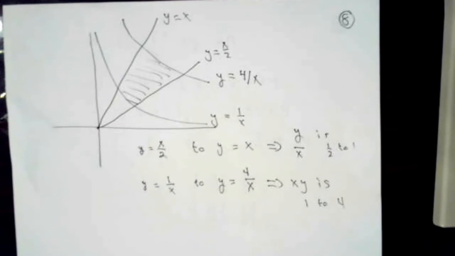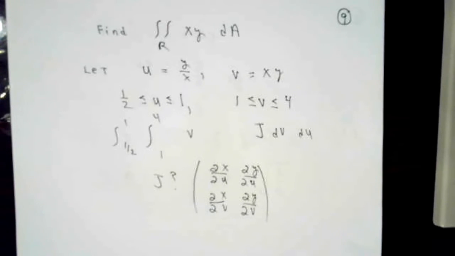I'm going to make it equal to y over x. On the other hand, if you think about the hyperbolic part, y could be as small as 1 over x or as big as 4 over x. That says that x times y has to be between 1 and 4. So my new variables are going to be y over x and x times y. We'll make up actual names for them in a moment.